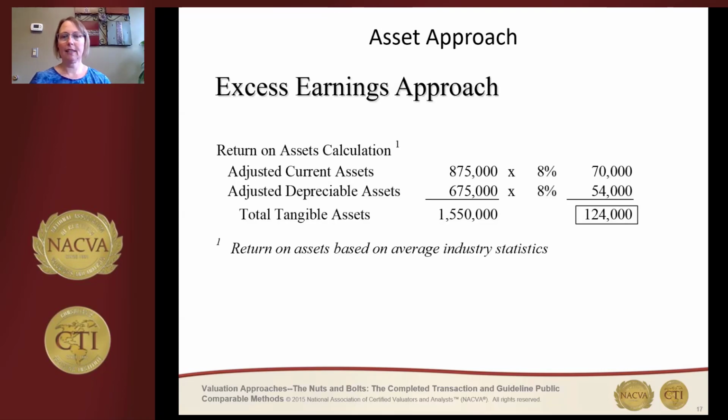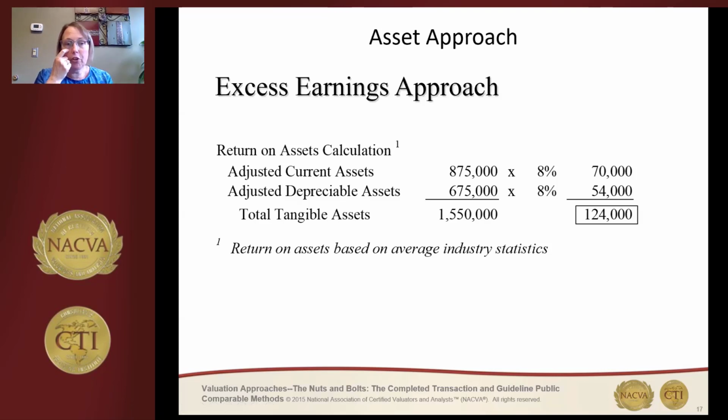So here's an excess earnings approach. Return on assets calculation. We have our adjusted current assets, 875,000 times 8%, that's 70,000. We have our adjusted depreciable assets, 675,000 times the 8%. So we're saying the return on our assets, the percentage, is 8%. That's 54,000. So our total tangible assets, the return is 124,000.